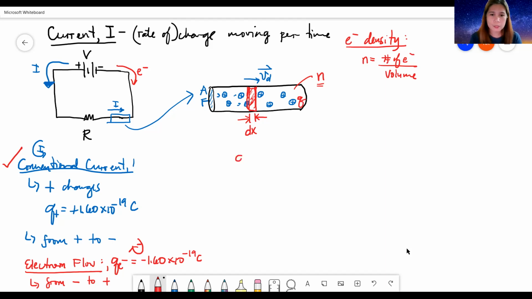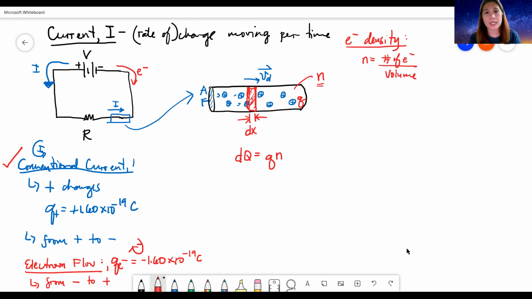if we want to get dq, for example, capital Q here would be the total charge, or sometimes we use capital Q if the charge is constant, meaning it doesn't change with time. So the amount of charge that passes through this small volume depends on the amount of charge present in the wire, and of course on the electron density of your material.